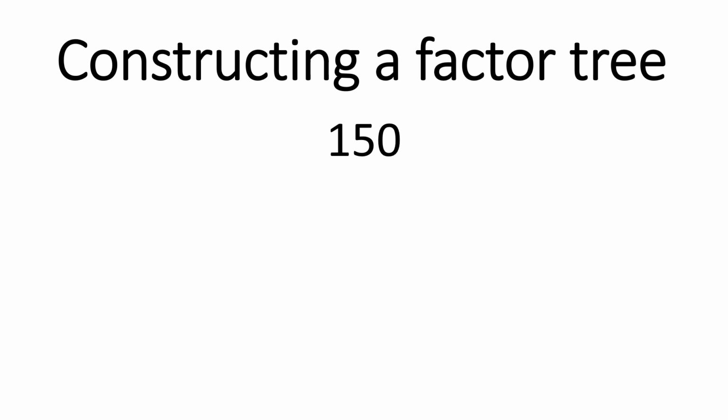Let's have a look at one final example. So let's construct a factor tree for 150. What two numbers multiply together to equal 150? There are a few different options, but I'm going to go with 15 and 10.